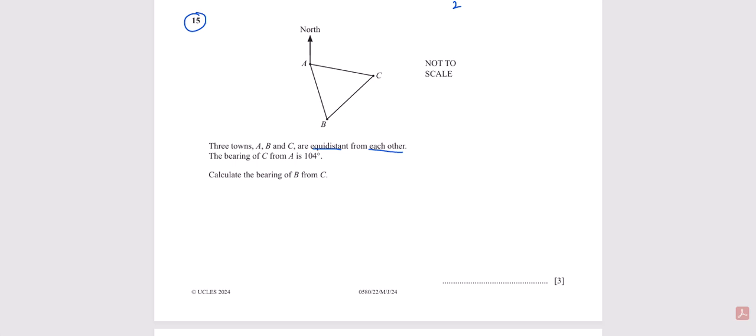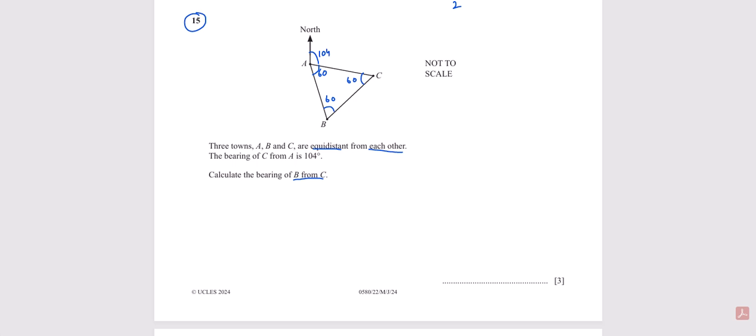Calculate the bearing of B from C. First of all, these three towns are equidistant, which means this angle is equal to 60 degrees, this angle is also 60 degrees, and this angle is also 60 degrees. The bearing of C from A is 104, so this angle is equal to 104.